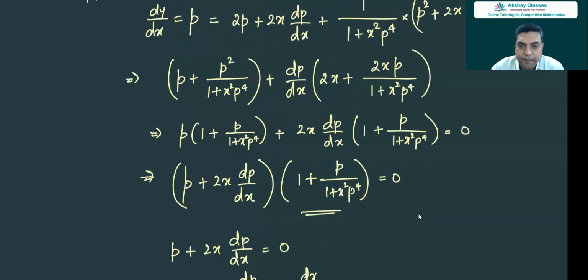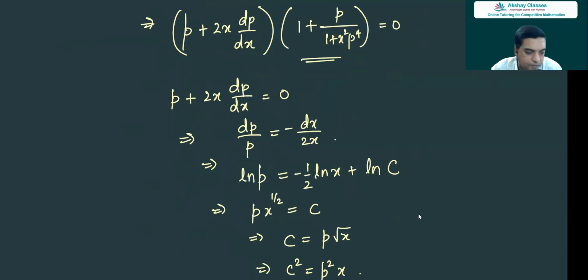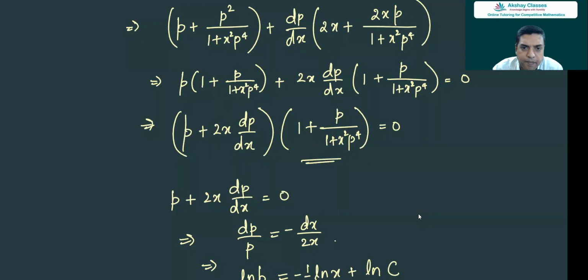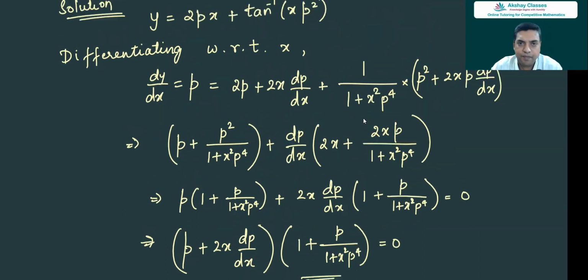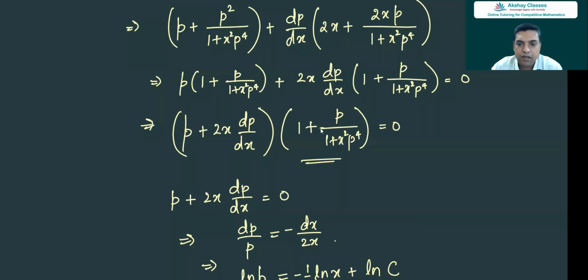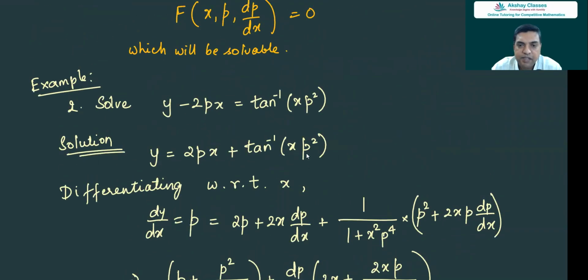So now we can write p square x as a constant.